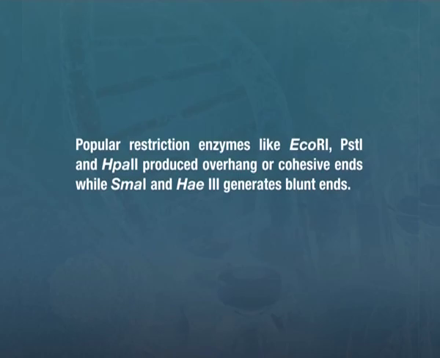Popular restriction enzymes like EcoR1, PstI and HapII produce overhang or cohesive ends, while SmaI and SaeIII generate blunt ends.